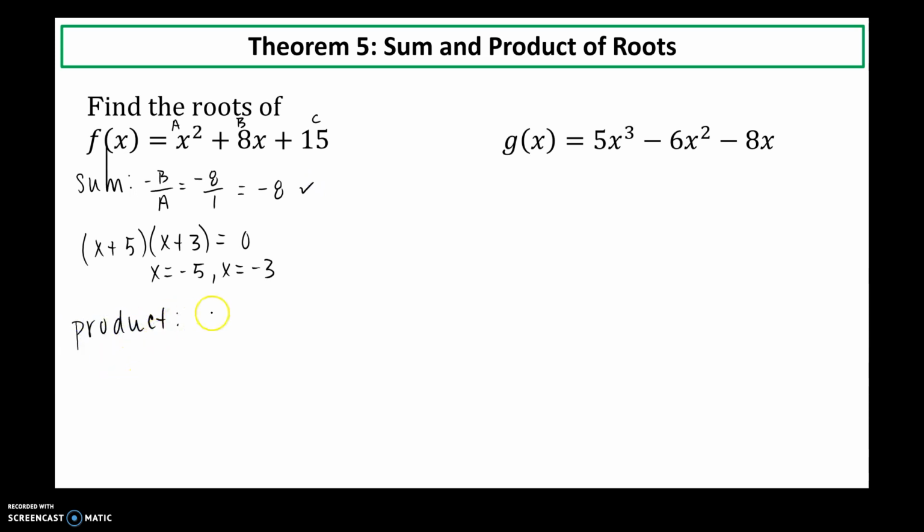The product of the roots. Since n is even, the product should be c over a, so constant term over lead coefficient. That should be the product of the roots. I go back to my solutions. Negative 5 times negative 3 is in fact 15.